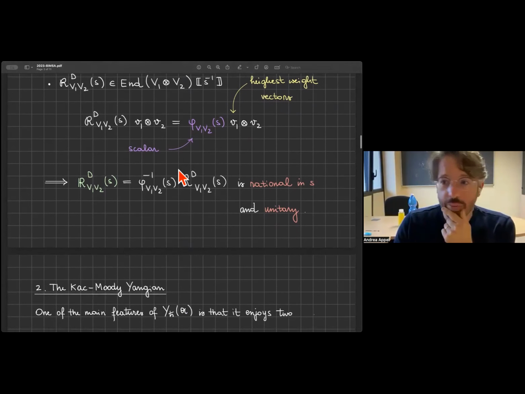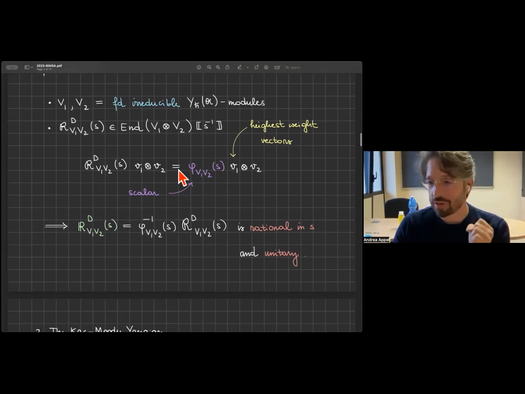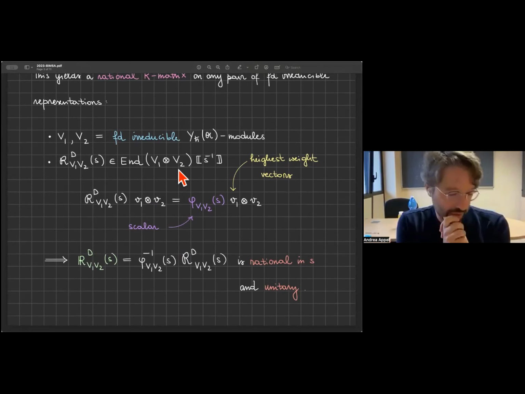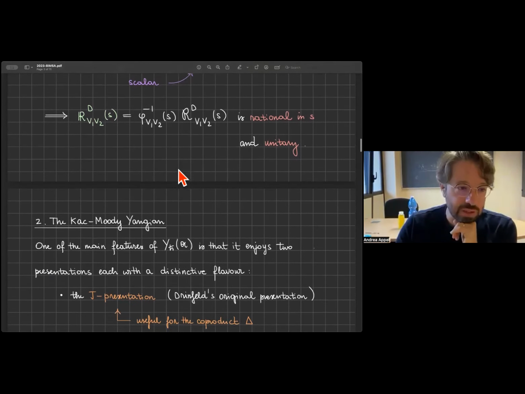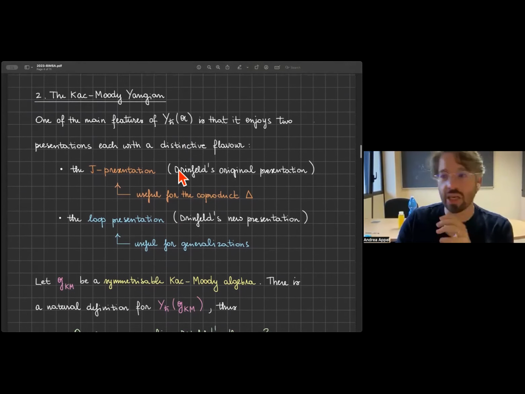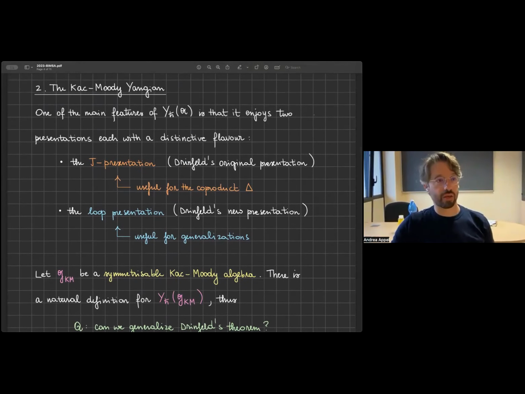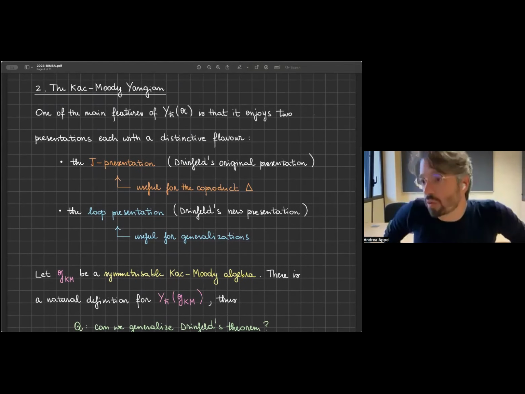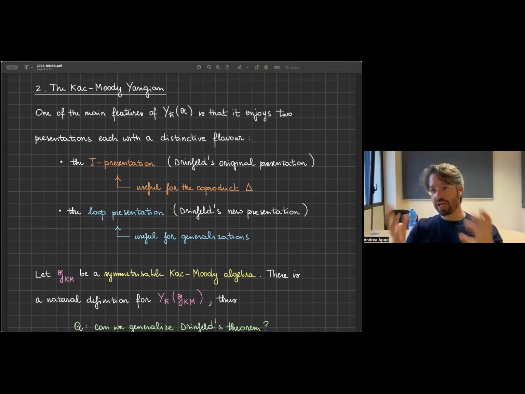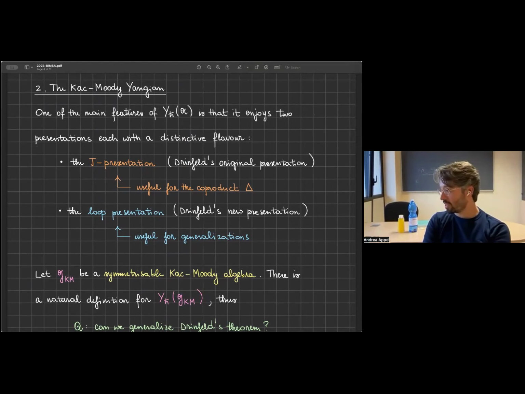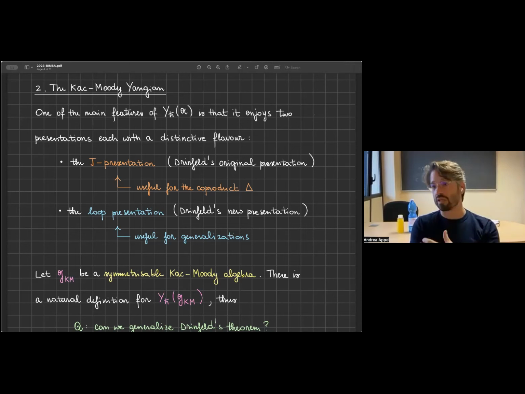Okay, so as I mentioned, even though I'm really putting a lot of stuff under the carpet, the Yangian has a somewhat black box characterization as a canonical quantization, but at the same time, one of the best features of this algebra is that it possesses a lot of ways of being presented.